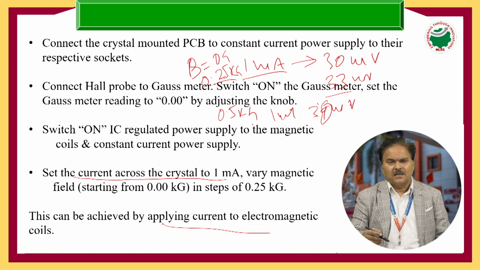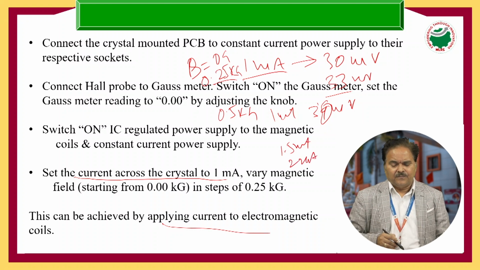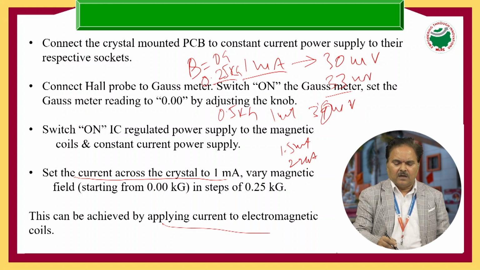Some people measure in another way: the magnetic field is constant and we vary the current, like 1 milliamp, 1.5 milliamps, 2 milliamps. We vary the current, then measure the voltage. Voltage is also induced this way.